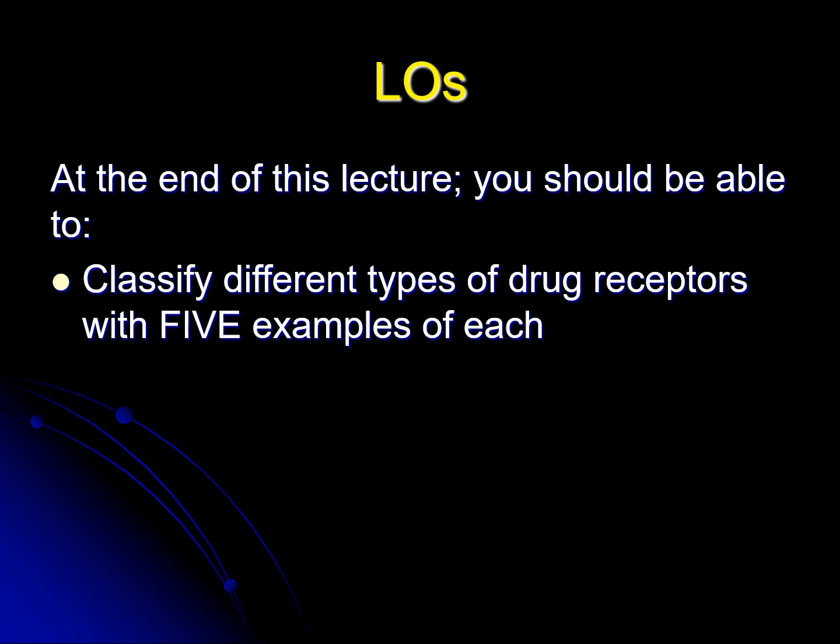Muscarinic receptors can be G protein coupled, G stimulatory or G inhibitory, or they can be IP3 DAG related. So you have to write down the type of receptor and its transduction mechanism. All right. So we'll be covering in this lecture what are the various types of G proteins, what are their second messenger systems, and how do they act.